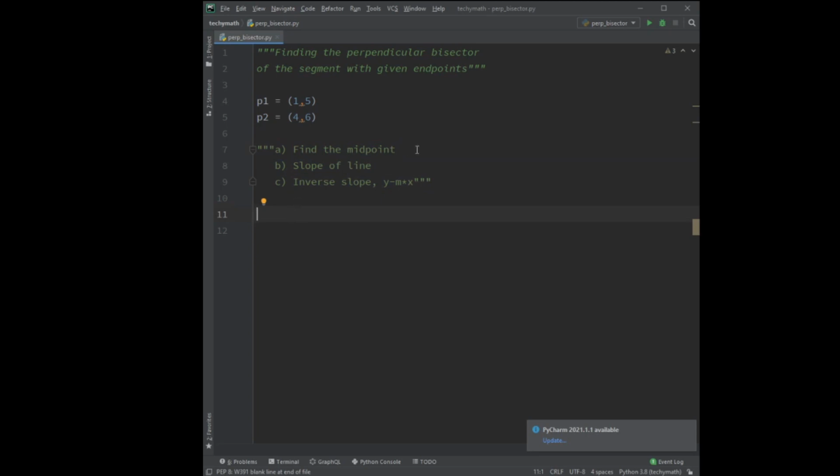First, we find the midpoint, then the slope of the line, and then a line with the inverse, actually the negative inverse of the slope, and the y-intercept is y minus m times x. So those three are going to be functions. So the first function should be a midpoint function, and I'm going to mute my keyboard.